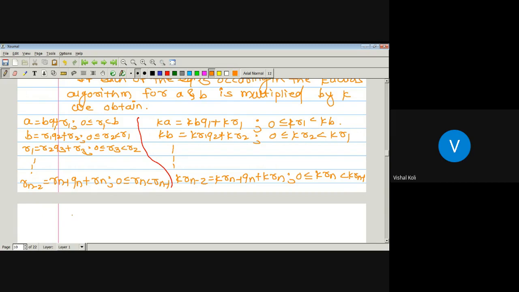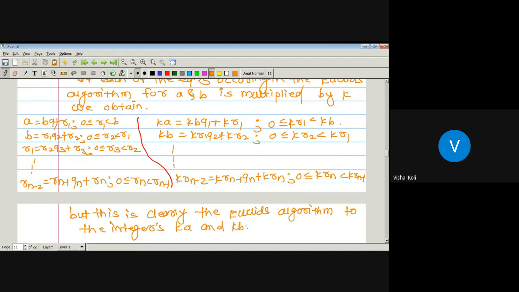Now, this is clearly the Euclid's algorithm applied to the integers ka and kb, since whenever there are two integers a and b, the Euclid's algorithm will be the left hand side.